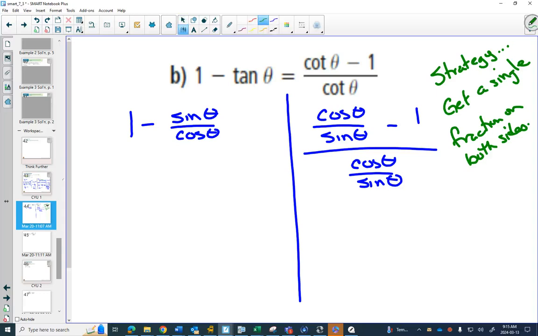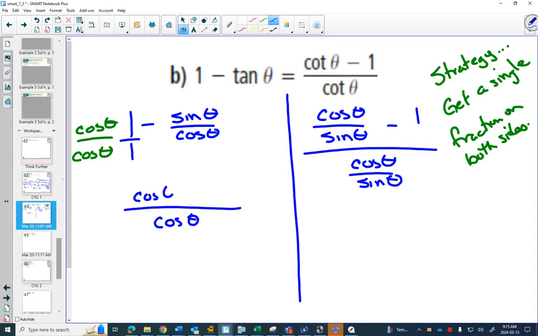So on the left-hand side, this technically is a fraction minus a fraction. How do you subtract fractions? You need a common denominator. What's my denominator need to be? It's going to need to be cos theta. So I would multiply the top and bottom here by cos theta. That's allowed because that's multiplying by 1. That would get my denominators the same. And on this side, I would get a single fraction of cos theta minus sine theta.